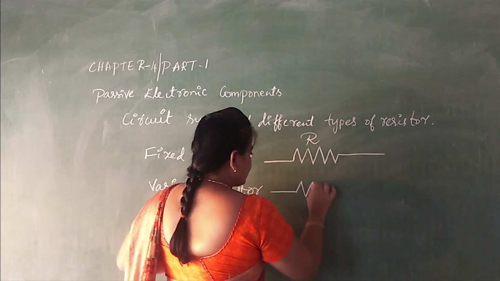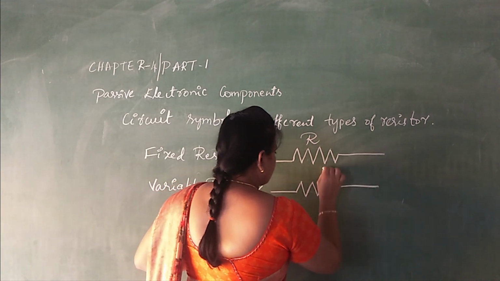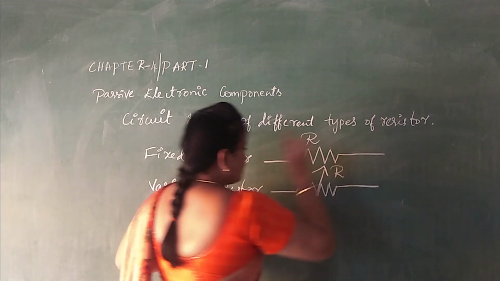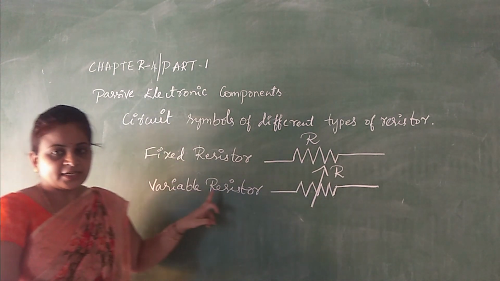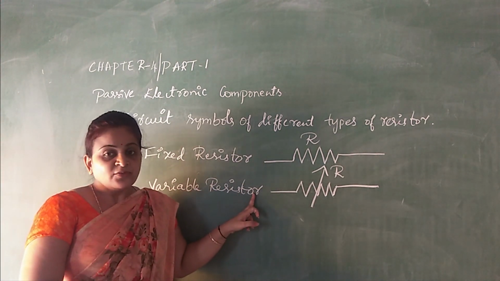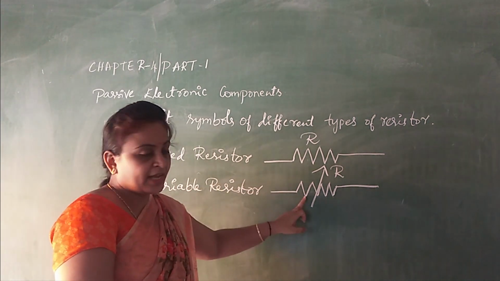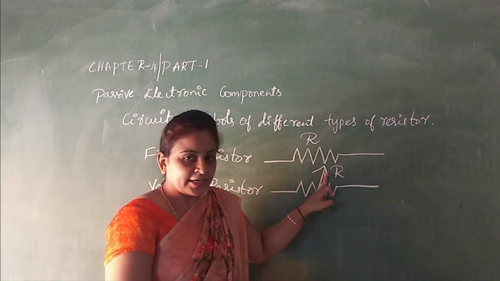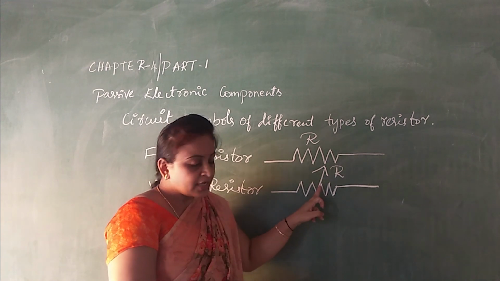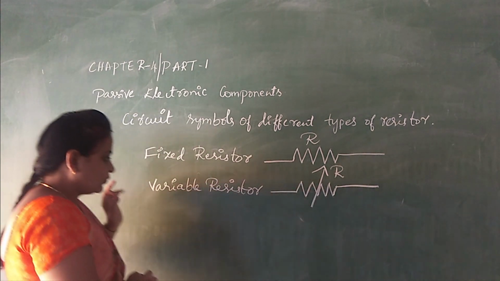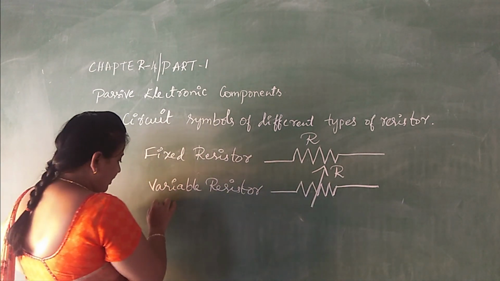Variable resistor. So this means the value of the resistor is going to be varied over a specified range. This arrow mark indicates the variation in the resistance value. Next we have potentiometer.